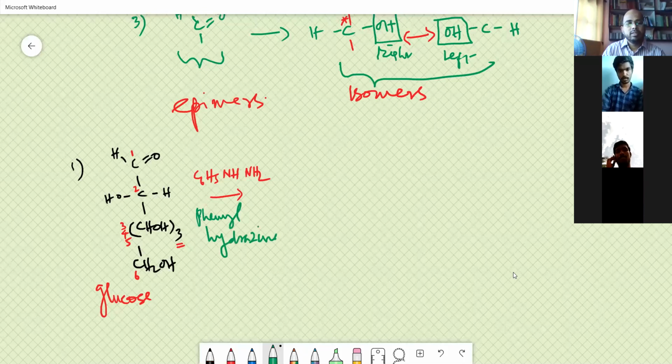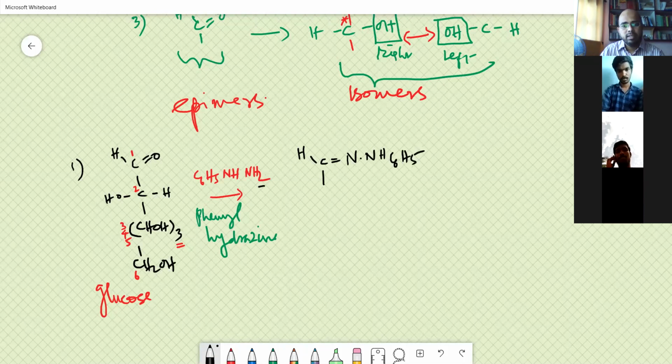Follow carefully: the oxygen of the CHO group leaves as water with the hydrogens of NH2, so you get a C=N-NH-C6H5 group. I'll tell you the reaction mechanisms.